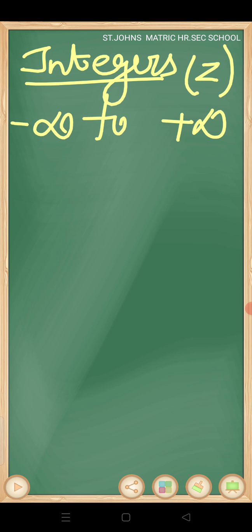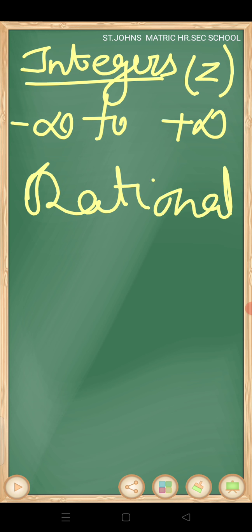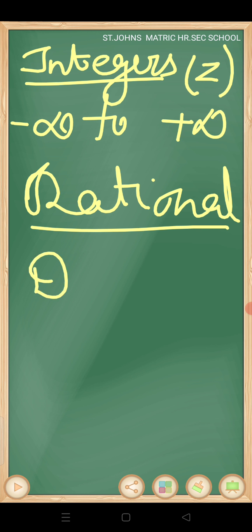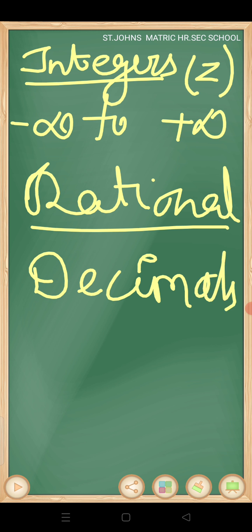Okay. Then after this, we are going to see the rational numbers. Before rational numbers, we have to know about decimals and fractions.